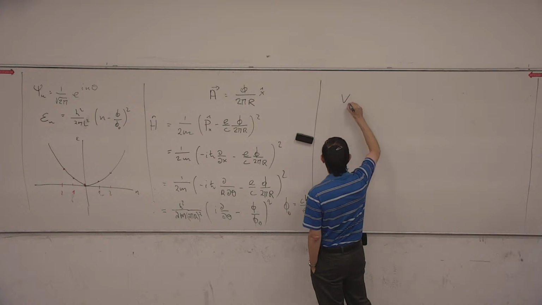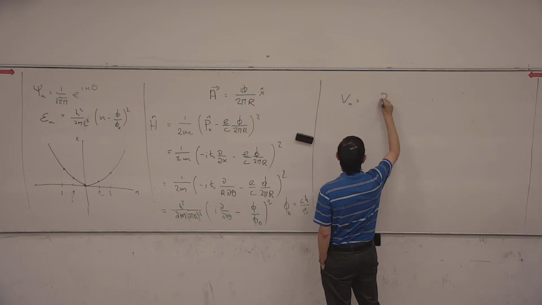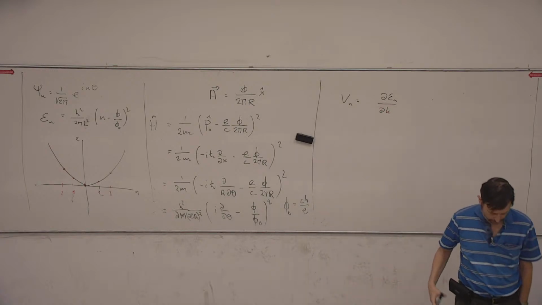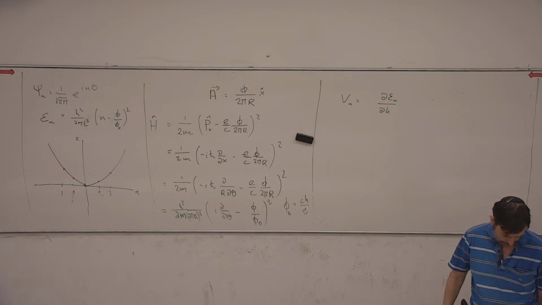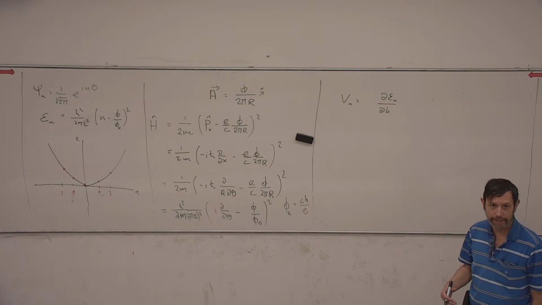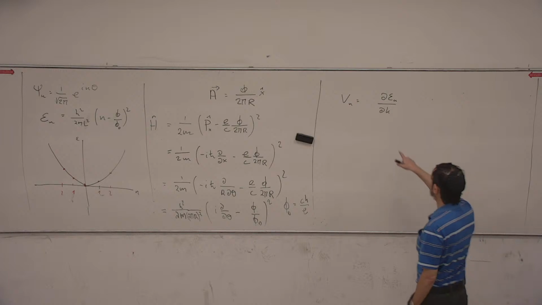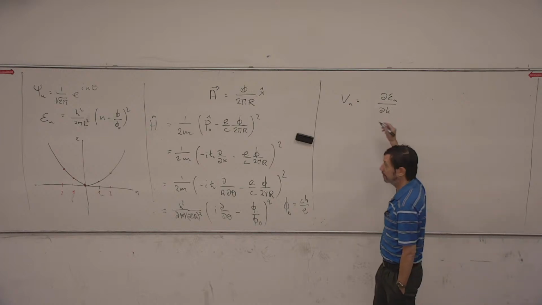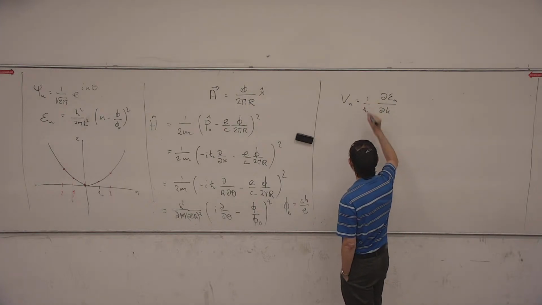That depends on what you want. The only thing I have to take care of is the units. Epsilon is energy, so what am I missing here? H bar. Right, 1 over h bar.